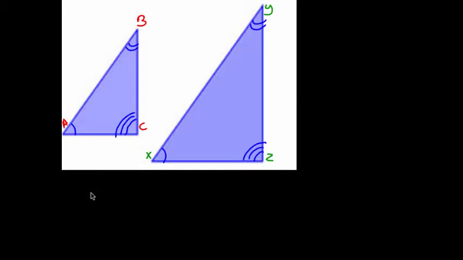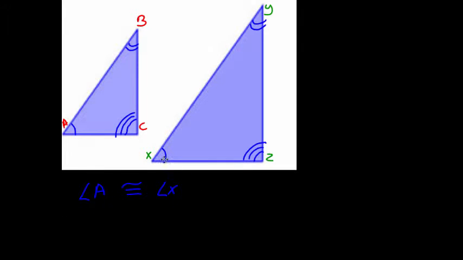So for instance, let's start here with angle A. First, I'm going to use the symbol for angle, which is just like a slanted L. So I have angle A, and then I'm going to put his congruent angle, which is angle X. And then I need to tell someone who's looking at this that these two are congruent. So I'm going to put a squiggle line and then two straight lines. What that says is angle A is congruent to angle X.